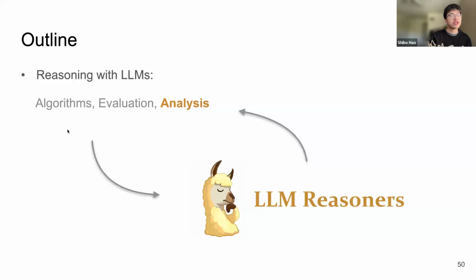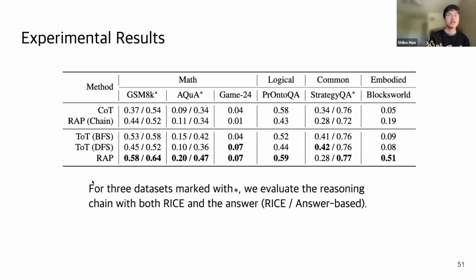And making use of the library and the evaluation metric, we did some analysis. These six tasks encode different skills needed for language model reasoning, and we make use of RISE in three of them labeled with a star. For the other datasets, since they are closed domain, we can use a ground truth program to verify the reasoning chain.